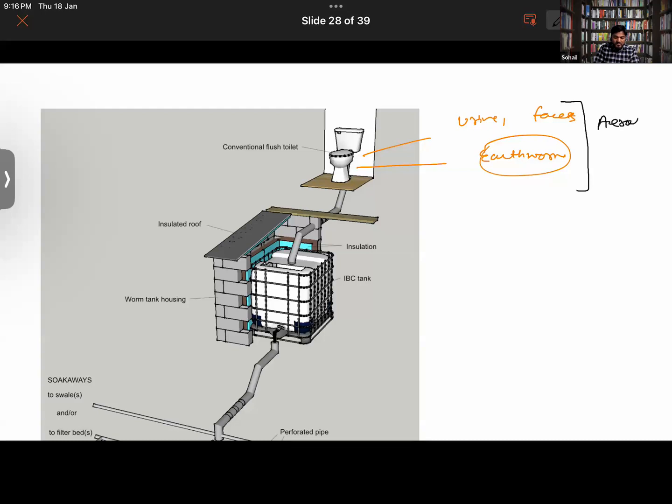Remember that the decomposition here is not in the absence of air. It is happening in aerobic conditions. Okay, now apart from earthworms, certain microorganisms will also be feeding on that. Yes. Okay, Sundus and Chakrika.